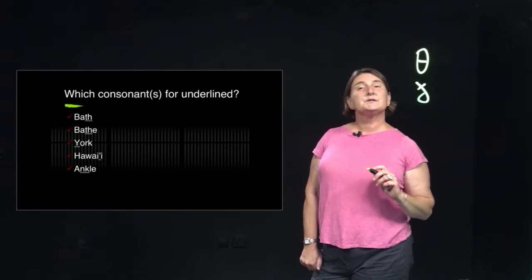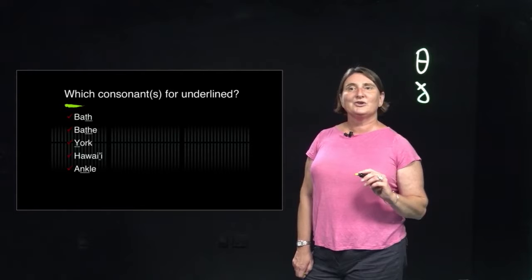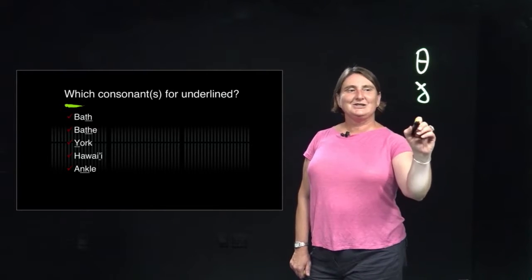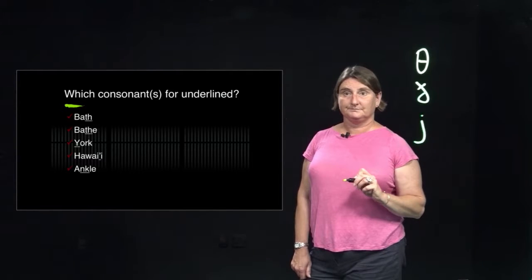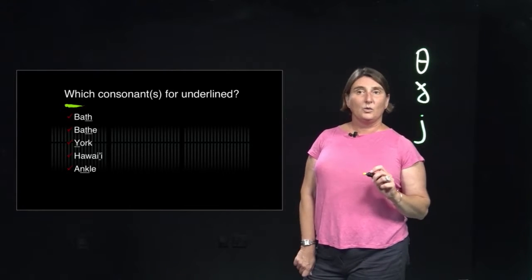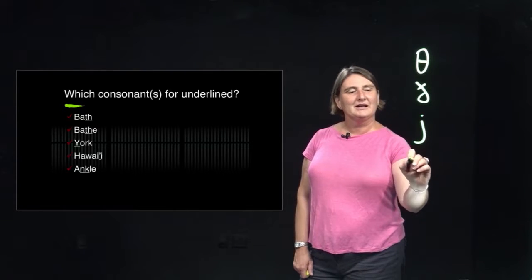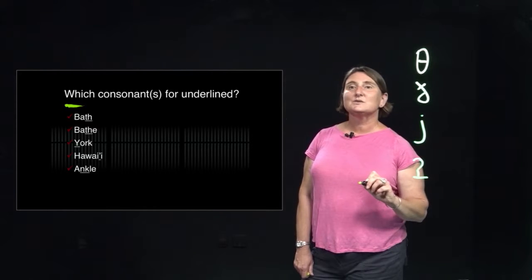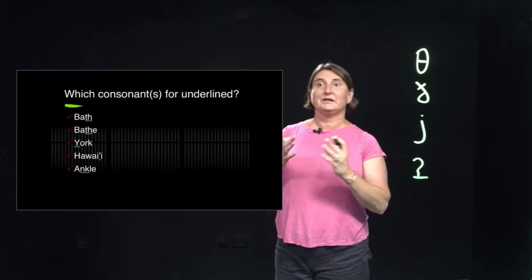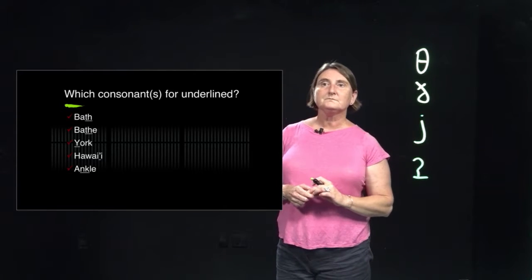Okay, next word is York, spelled with a Y, but if you'll remember, to get that y sound in phonetic transcription, we need to use the J. So York would start with a J. Then Hawaii, another one for you to practice the glottal stop. Hawaii is one of the few places where anyone writes the glottal stop in any sort of way, and that's with the little apostrophe thing.